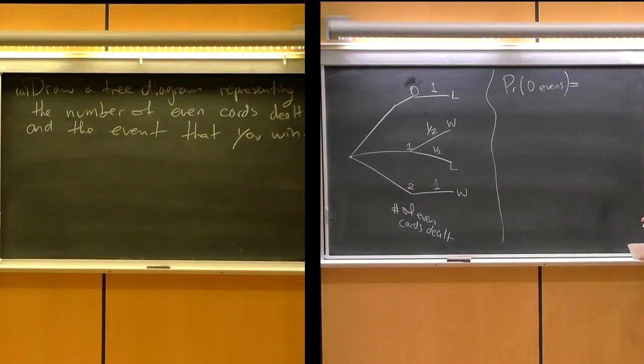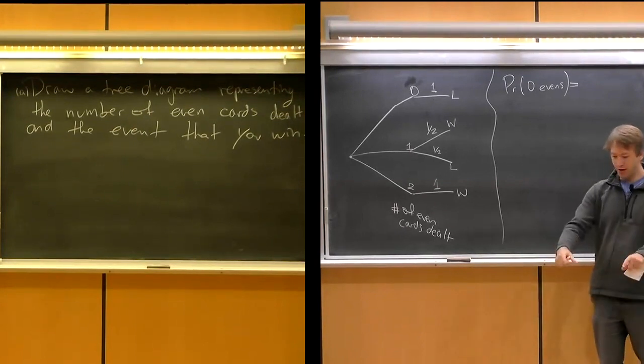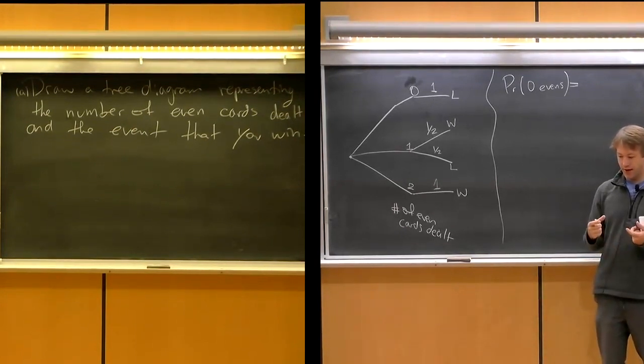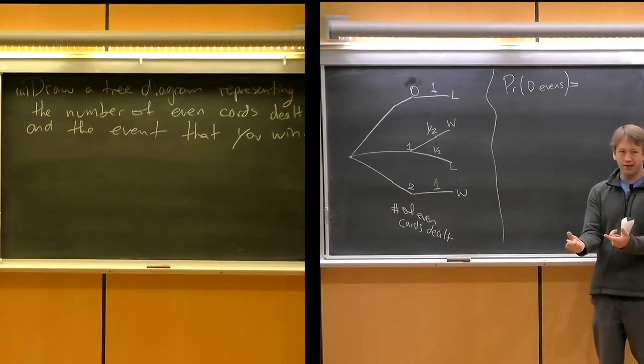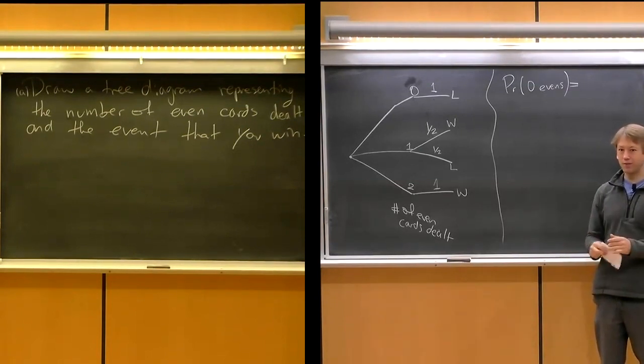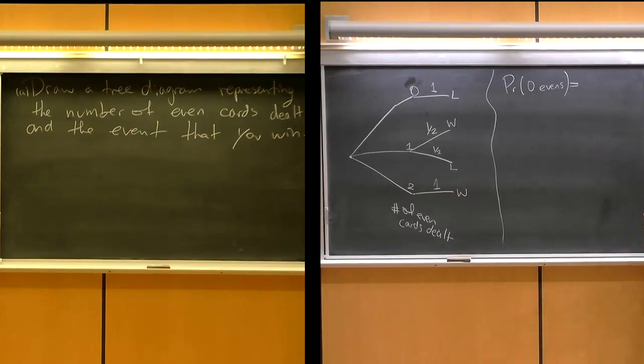Probably the most natural thing here, when you pick two cards and you're trying to figure out the event that neither of them are even, is that the event doesn't depend on what order you pick the cards. If I pick an ace first and a king second, it doesn't make a difference if I would have picked that king first and the ace second. So you can treat this one as an unordered selection if you want. You could also treat it as an ordered selection. It doesn't really matter.